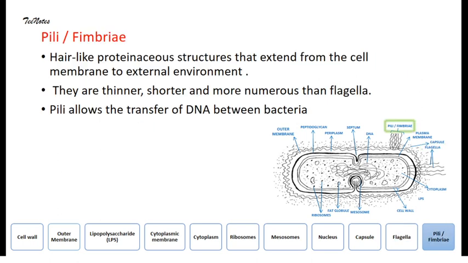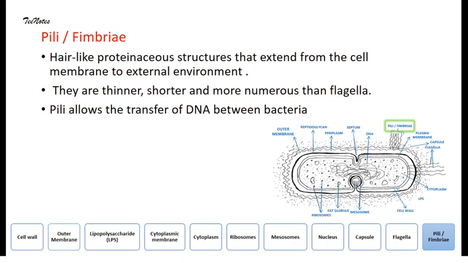Next are the pili or fimbriae, which are similar to flagella. They are hair-like proteinaceous structures that extend from the cell membrane to the external environment. They are thinner, shorter, and more numerous than flagella, but they do not function in motility. Pili allow for the transfer of DNA between bacteria in the process of bacterial conjugation.